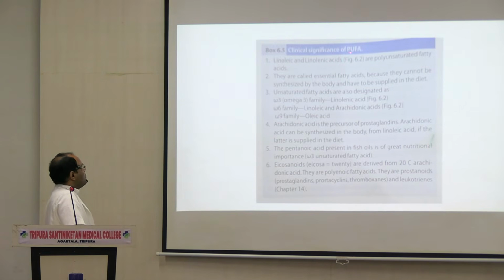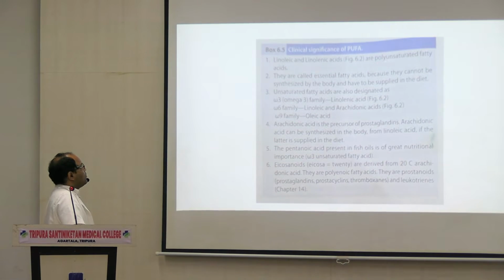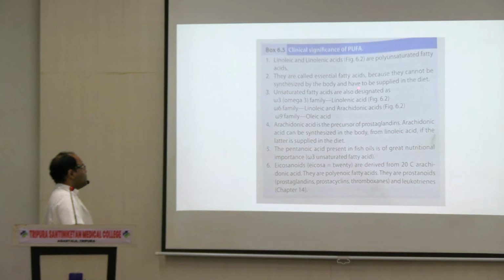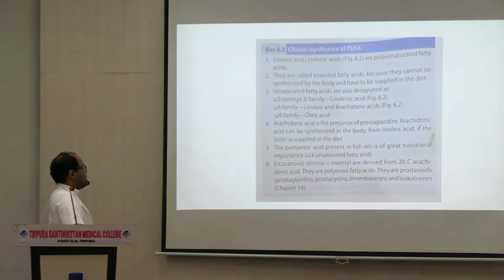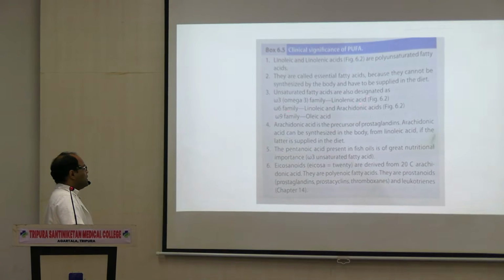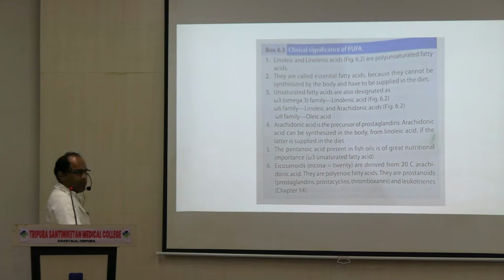So, clinical significance of PUFA. Linoleic acid and linolenic acid are polyunsaturated fatty acids, PUFA. They are called essential fatty acids because they cannot be synthesized by the body and have to be supplied by the diet. Unsaturated fatty acids are also differentiated into the omega-3 family, linolenic acid; the omega-6 family, linoleic acid and arachidonic acid; and omega-9 fatty acids like oleic acid.